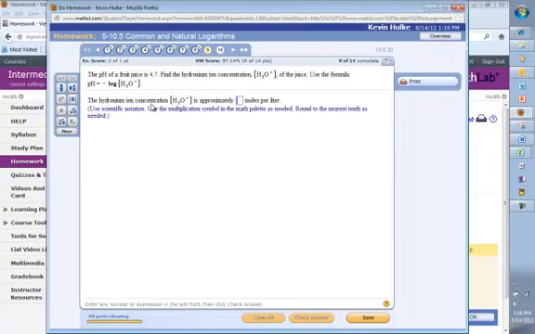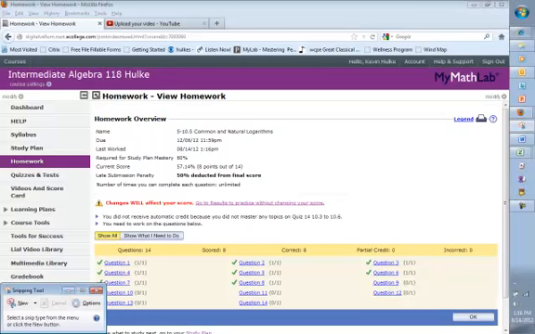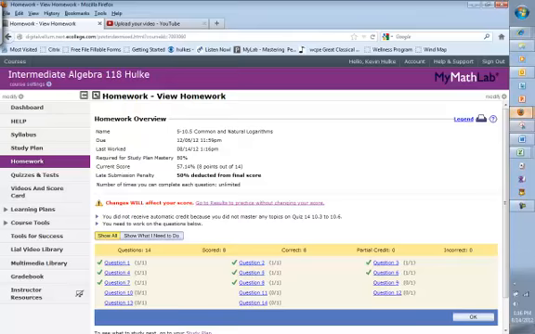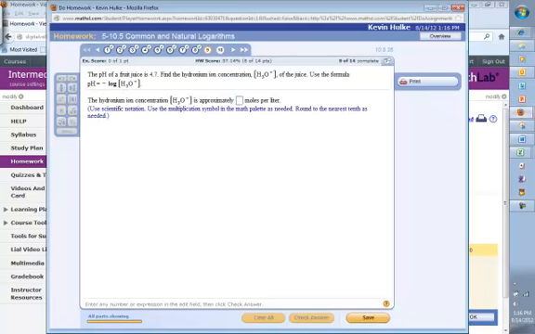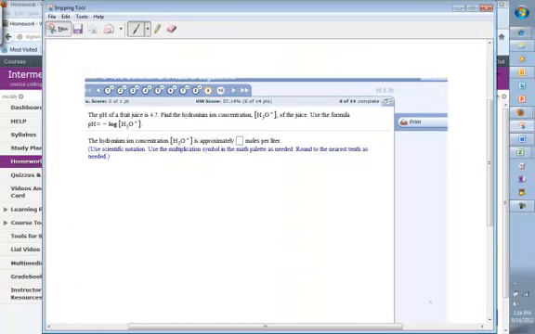All right, same thing here. The pH is 4.7.